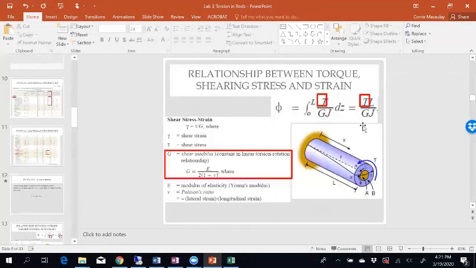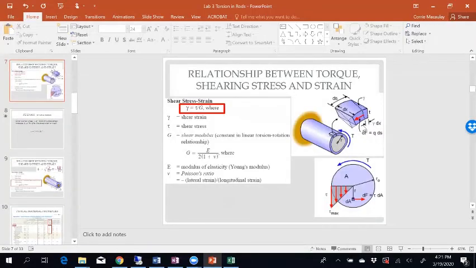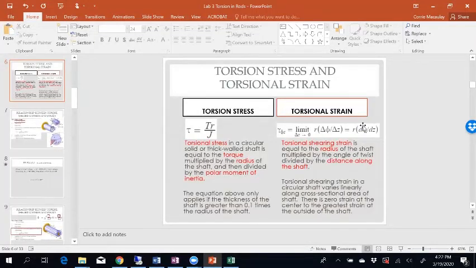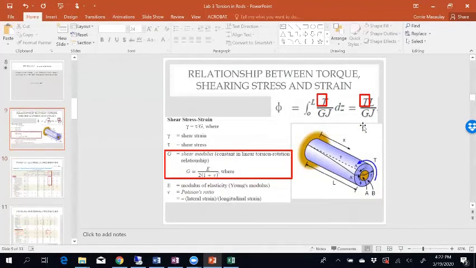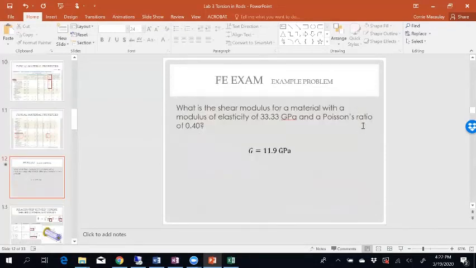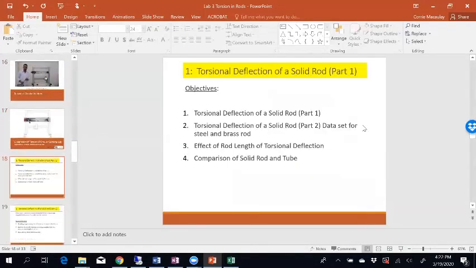And we know how to calculate shear strain, right? And we know how to calculate shear stress or torsional stress. And you can look at torsional stress and torsional strain, and you should be able to get G as well from that graph. So let me go back to that.